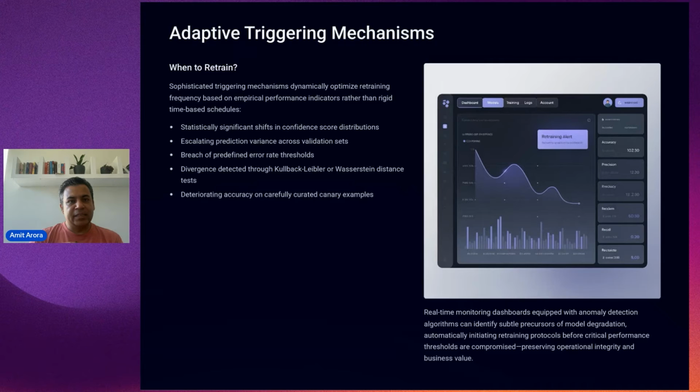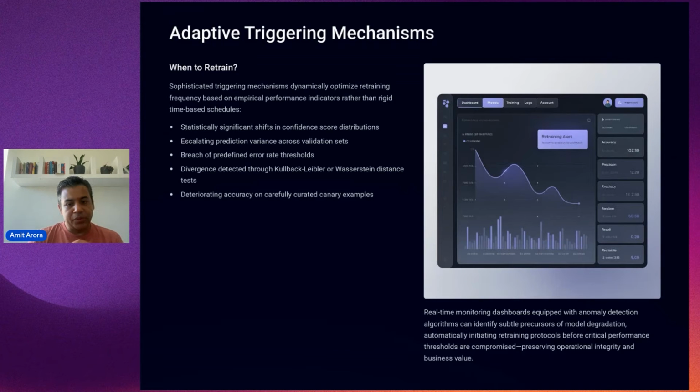You can actually see if the model has certain drops in confidence scores. You're noticing shifts in prediction distributions. You are noticing drift. You can use a couple of techniques like KL divergence or Wasserstein distance to see if there's a drift detected in your model. The other one is canary test failures.